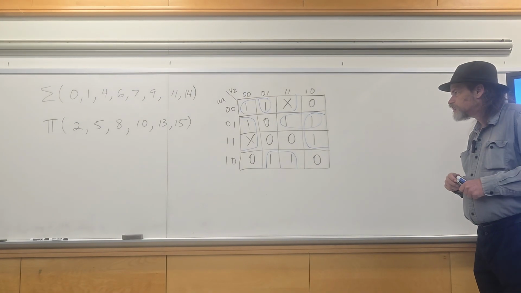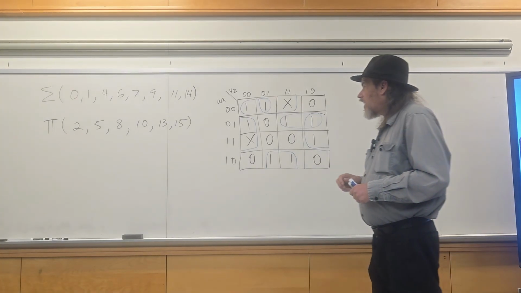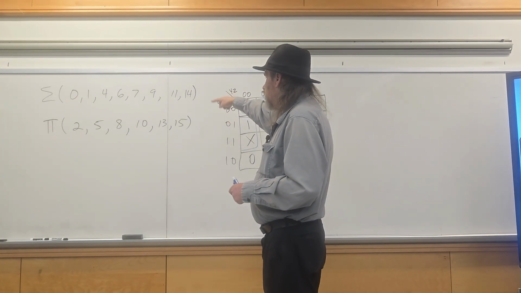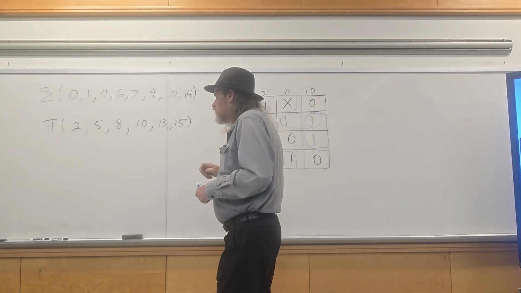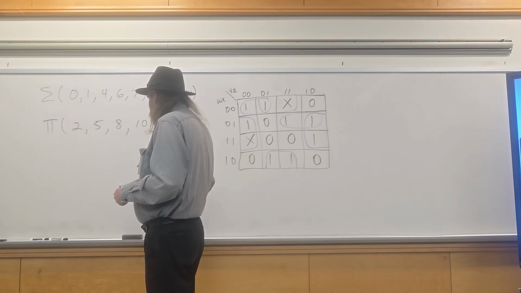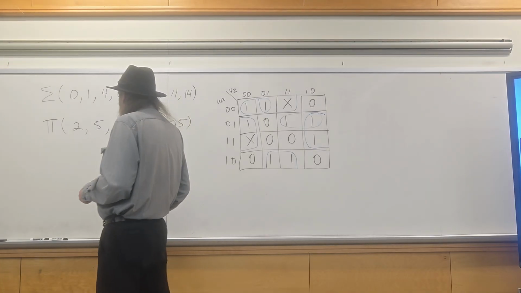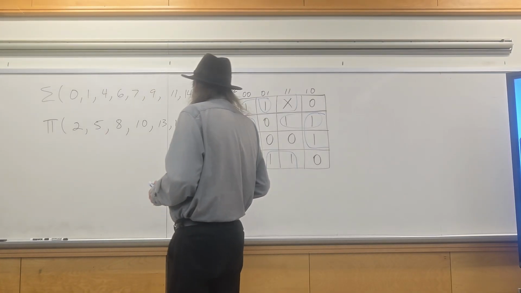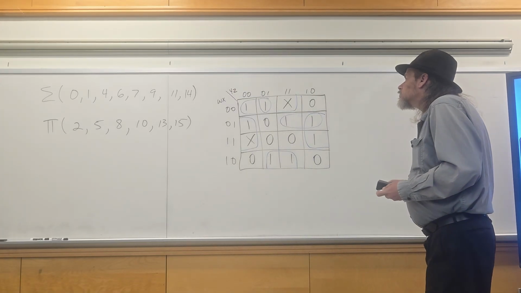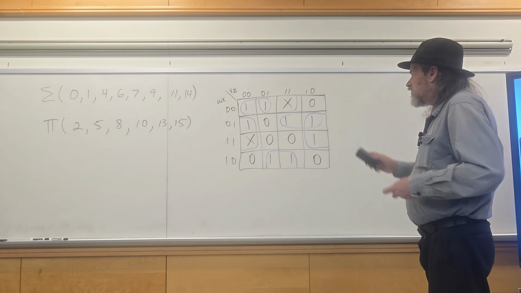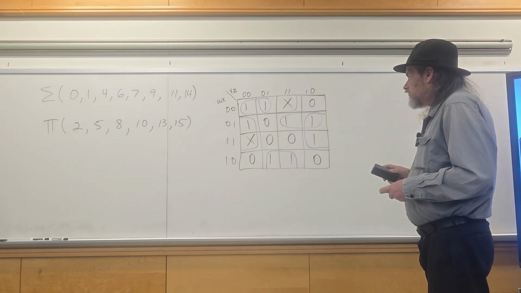So I don't know if you're going to run into this anywhere where you get both the sum and the product expressions written out like that, but this is how you would deal with it if you did.